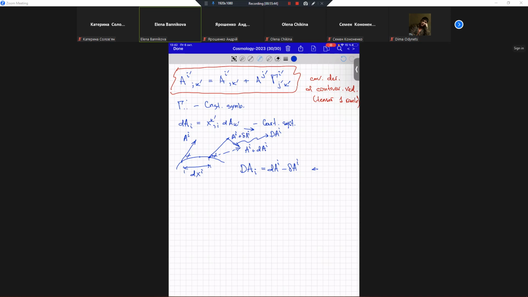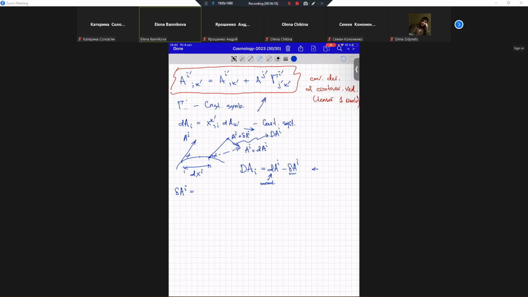So, for example, this is normal. I can call it a normal differential, and this is the part which appears due to the fact that this is not a completely Cartesian system. And exactly this part, from this geometrical point of view, delta A can be expressed through the Christoffel symbols.